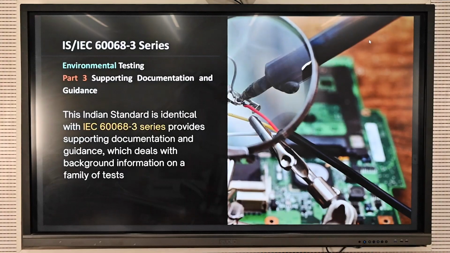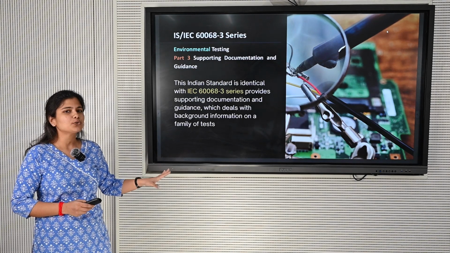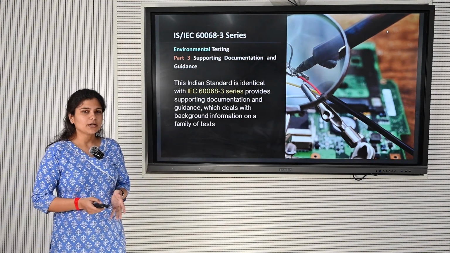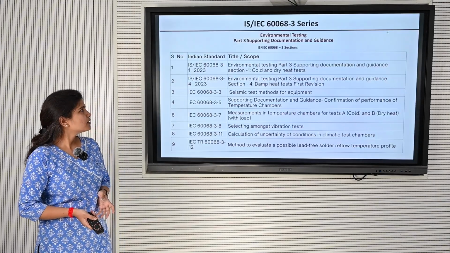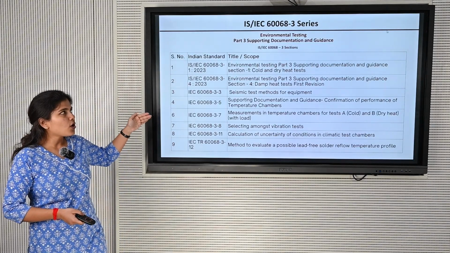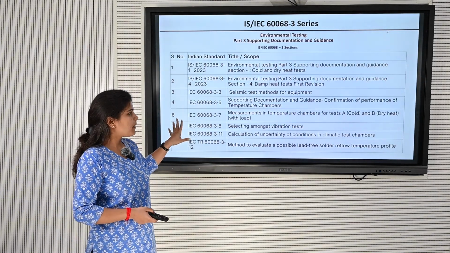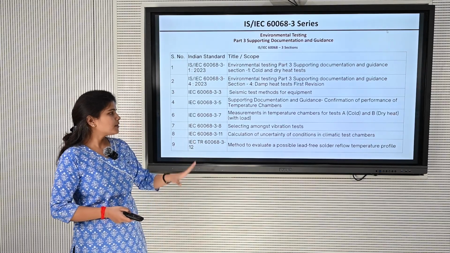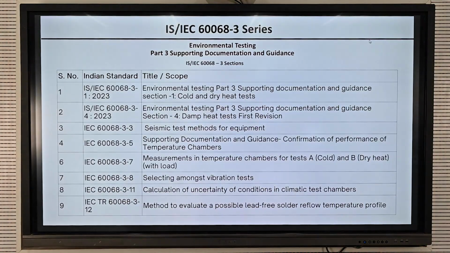So this is part 3, which gives us information about the background of the family of tests as well as gives supporting documentation. These are all the standards under part 3 which we just talked about. We took up one important standard, that is the composite test.